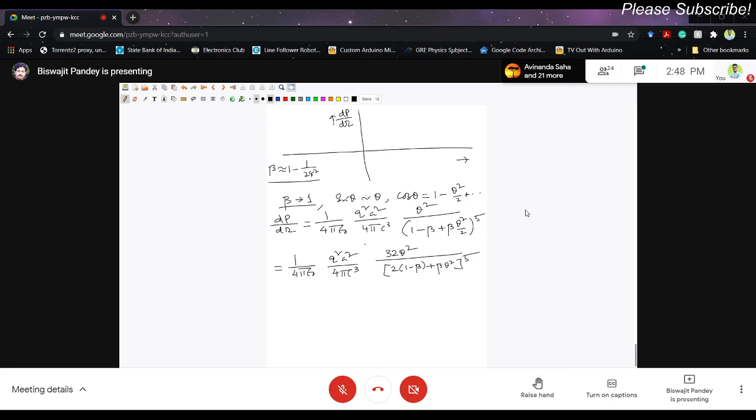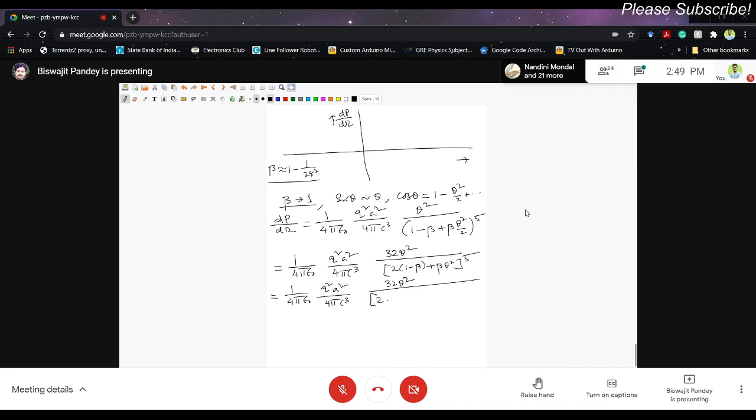So that will give us 1 over 4 pi epsilon 0, q square a square by 4 pi c cube, then 32 theta square. Let us do the calculation. It will be 2 into 1 by 2 gamma square. This is 1 minus beta, which will be 1 by 2 gamma square, plus beta, which is 1 minus 1 by 2 gamma square, into theta square, to the power 5.